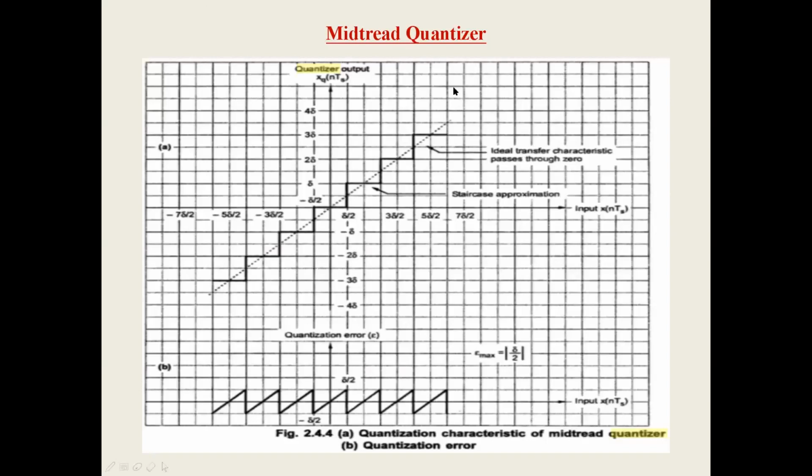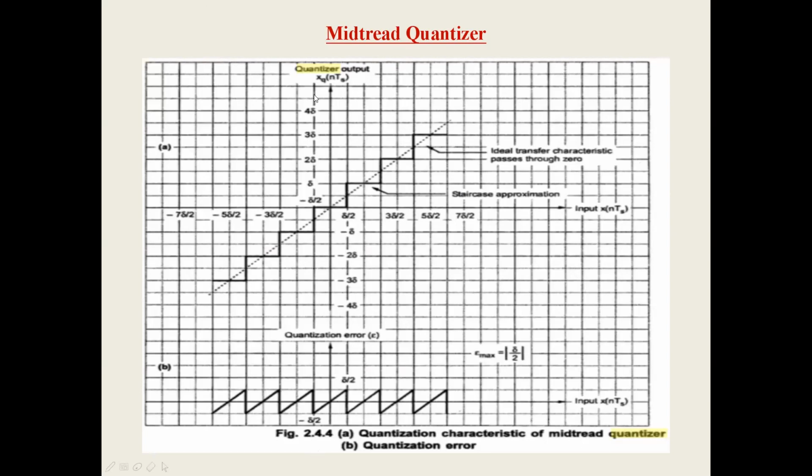Now, see, this is the transfer characteristics of a mid-tread quantizer. In this graph, you can see two graphs. The uppermost graph is the transfer characteristics, and below we have a ramp-like signal shape, which is the quantization error.